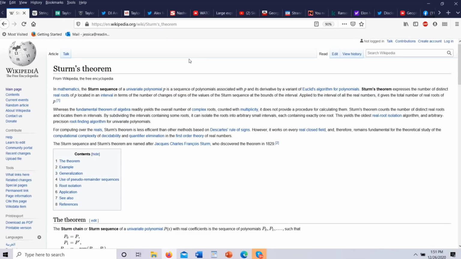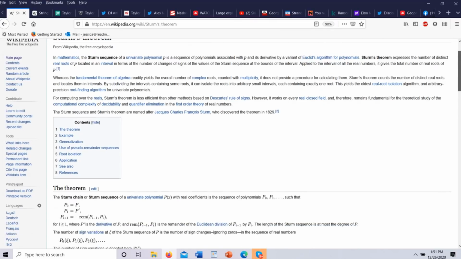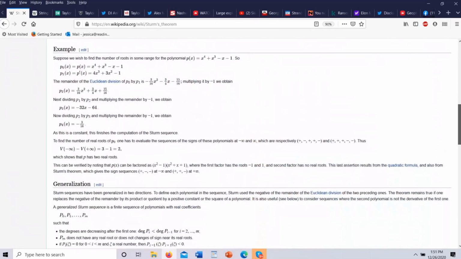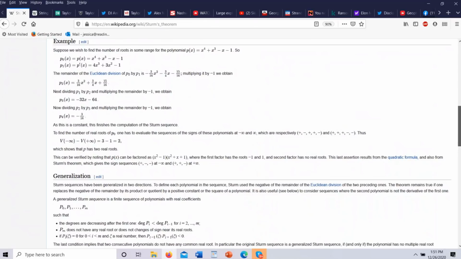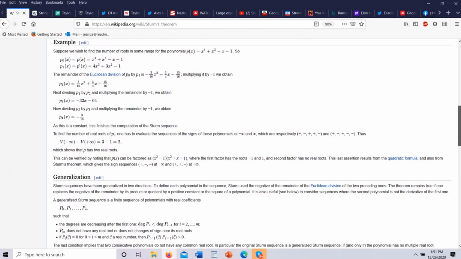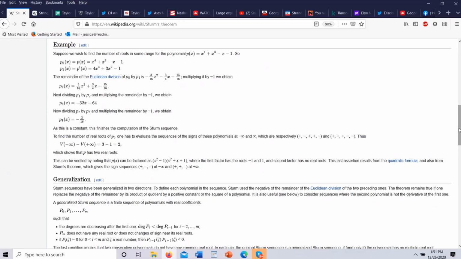And technically, if you scroll down, we can see it in these calculations and algebraic stuff.